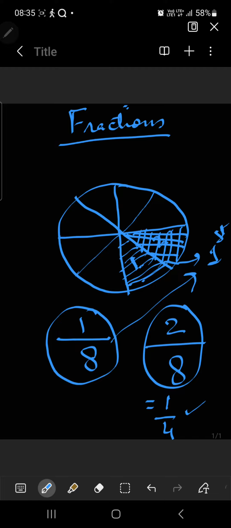This we will learn later also. For now, you just understand where this 2 by 8 has come from. Out of 8 equal parts, I had given 2 parts to one of my friends. So out of 8, 2 parts are given to this friend. So the fraction of cake I had given to this friend would be 2 by 8.